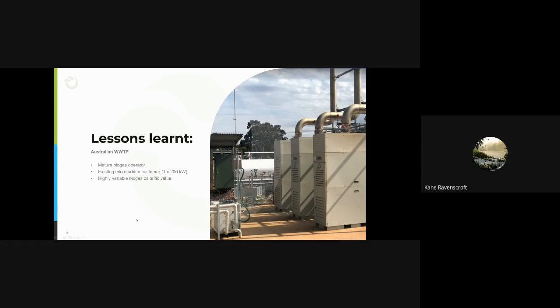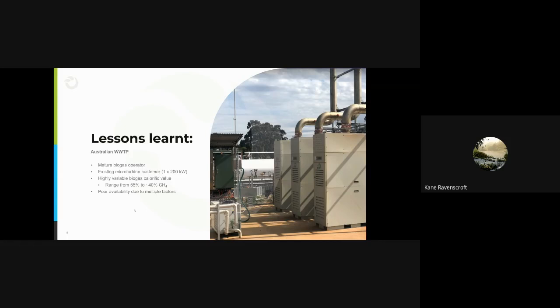They have an extremely variable biogas, so the calorific value or the methane quantity changes more significantly than what we'd normally see at a biogas application. So the methane quality can range from 55 down to slightly below 40%. So turbines are naturally more adaptable to those swings, but even that swing is too large for even a microturbine to handle.